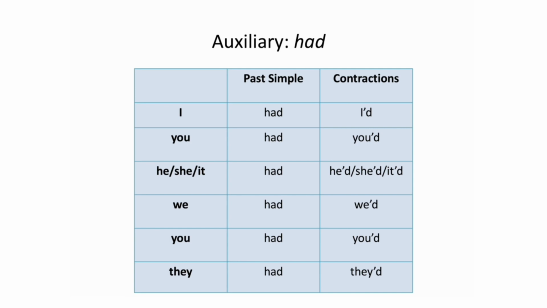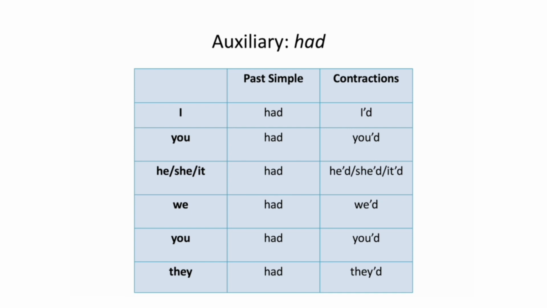As usual, in spoken and informal written English, we generally use contractions with the past perfect. We form it by combining the subject and the auxiliary verb had and replacing the letters HA with an apostrophe. I had, I'd. You had, you'd. He, she, it had.